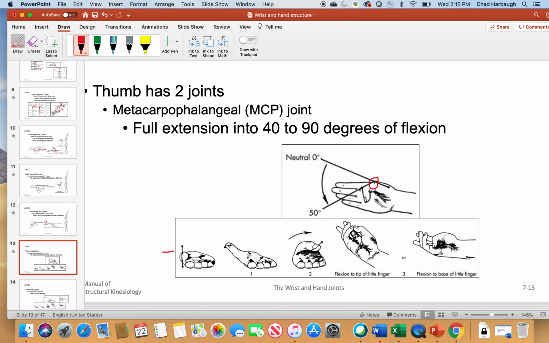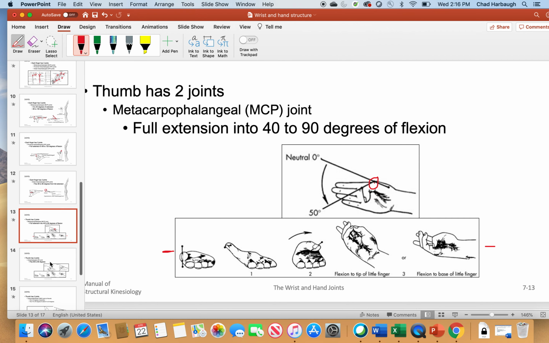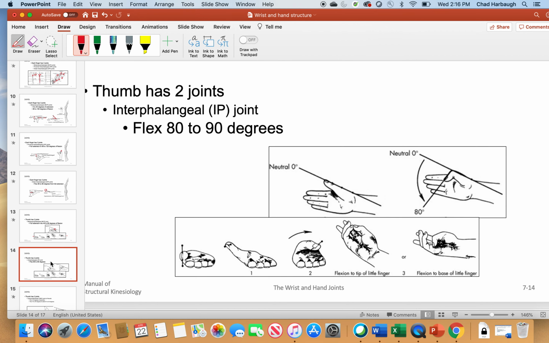This is what gives us the ability to do opposition. So at this joint, opposition is being able to bring the thumb to the tip of the pinky finger, and we can check for opposition or the ability for motor control function with that. This is a good cervical and brachial plexus test.